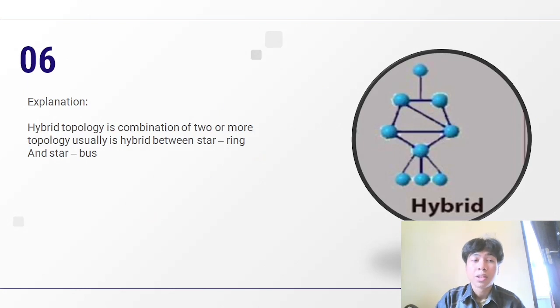And the last is hybrid topology. A hybrid topology is a combination of two or more topologies, usually between star and ring, and star and bus. As with the tree before, there is one hybrid topology of star and bus.